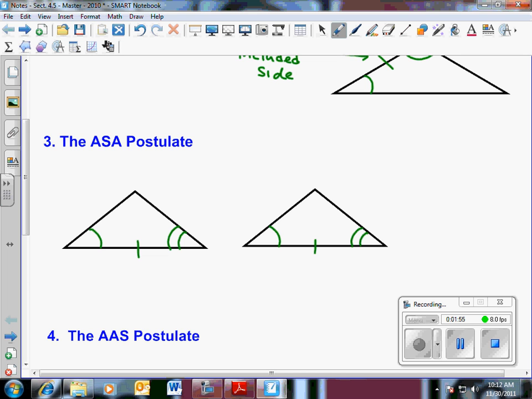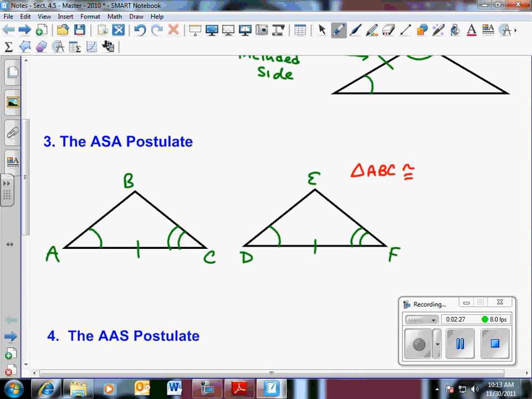And let's call this triangle ABC and this triangle DEF. So we want to write the congruency statement that shows how these two are congruent. Does it matter how I name the first triangle? No. So I'm going to go triangle ABC is congruent to, now, triangle match it up.